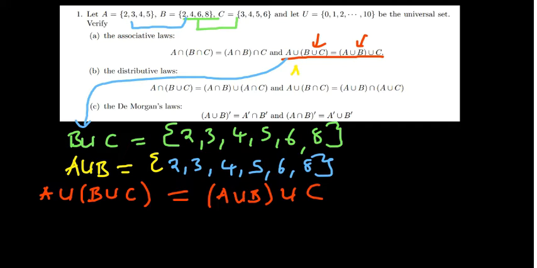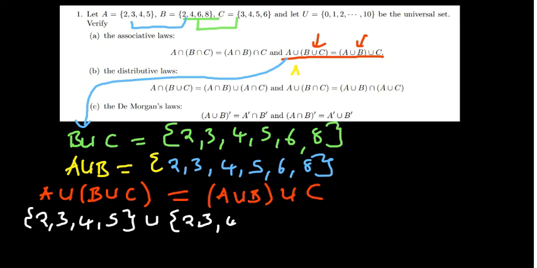For A we have 2, 3, 4, and 5, union. Now B union C is what we have found: 2, 3, 4, 5, 6, and 8. And on the right hand side, A union B is what we found as well.